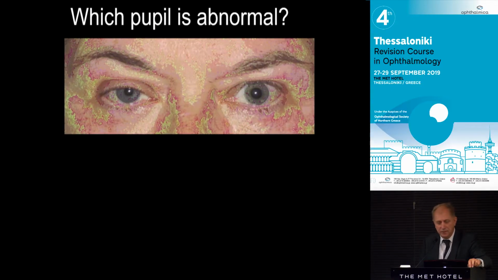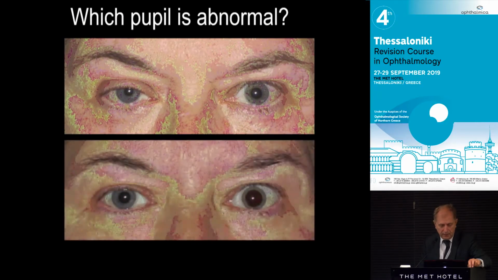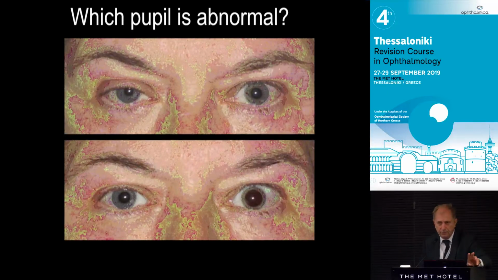It's easy, Horner syndrome. This one, if you look carefully, has a bit lighter coloration of the iris, so that is a congenital type of Horner's. If you give them cocaine, both pupils will dilate to some extent because some fibers will usually be preserved, but the normal pupil will dilate fully, while this one will only dilate slightly.